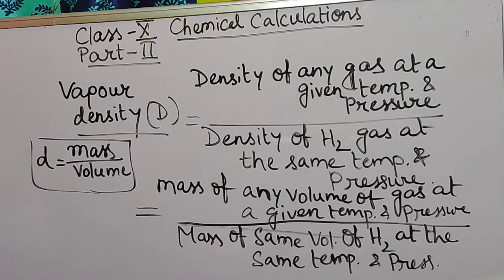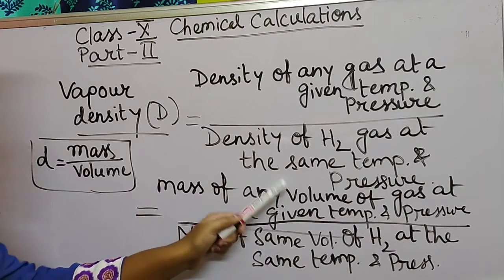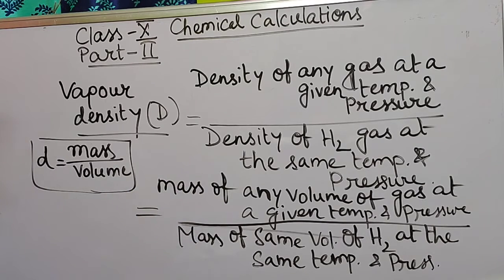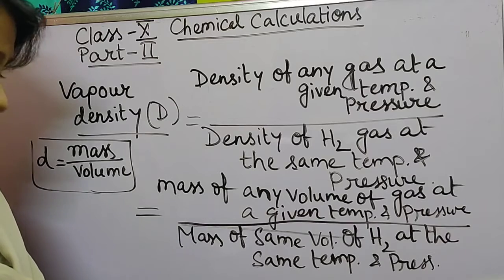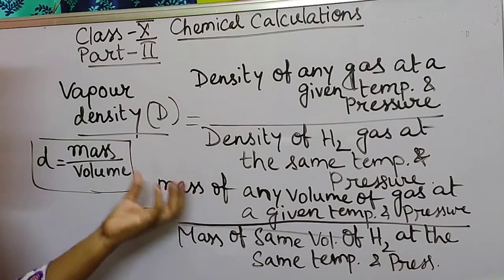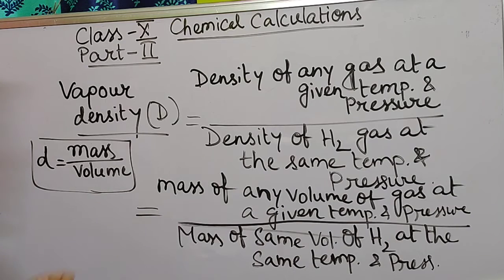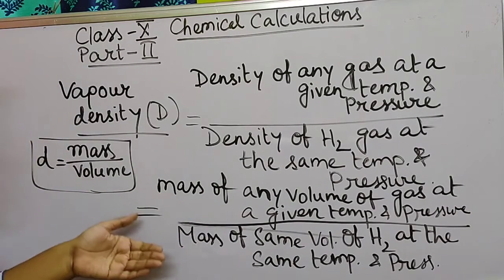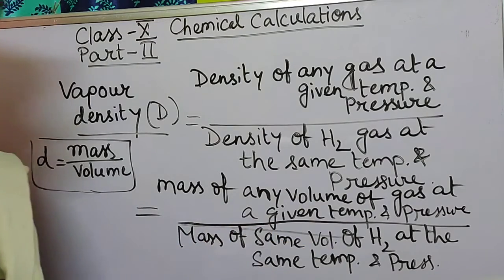Any gas first you have to take, and here hydrogen we have to take. Their volume should be the same, their temperature should be the same, and their pressure should be the same. Only we have to compare their masses. So vapor density is the number by which the mass of any volume of a gas at a given temperature and pressure is heavier than the mass of the same volume of hydrogen.